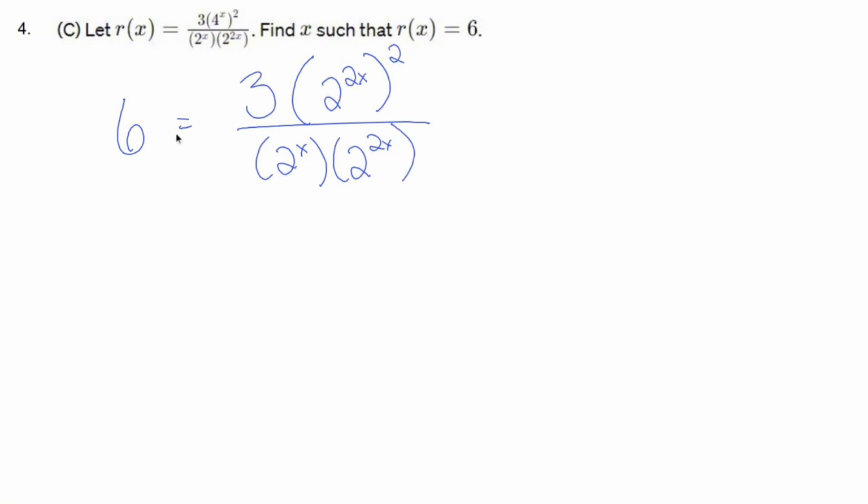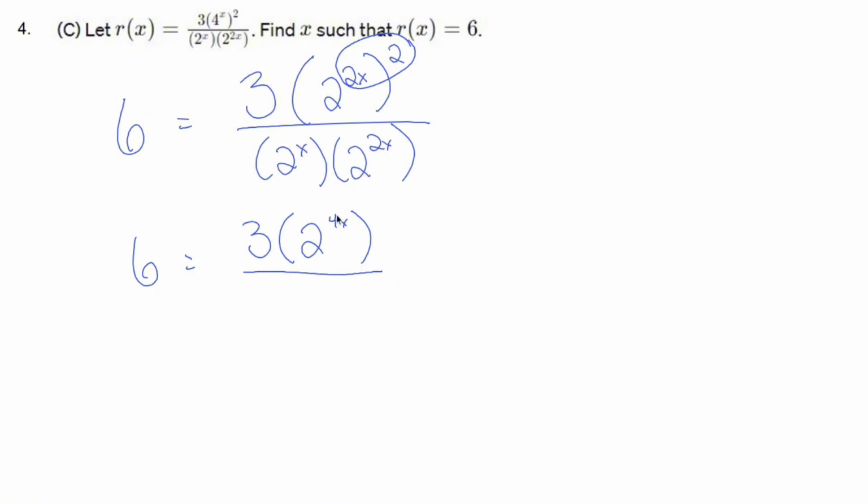3 is not going to combine with any of these. 3 is 3. Okay, so 6 is going to equal 3. When I have a parentheses with a power in it taken to another power, we multiply the exponents. So we become 2 to the 4x. When I'm multiplying terms of the same base, I add the exponents.